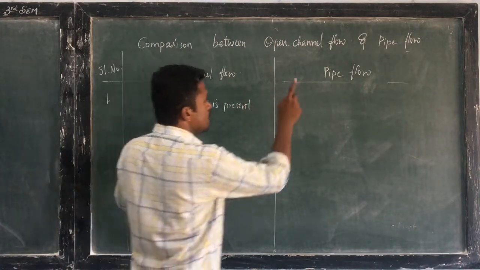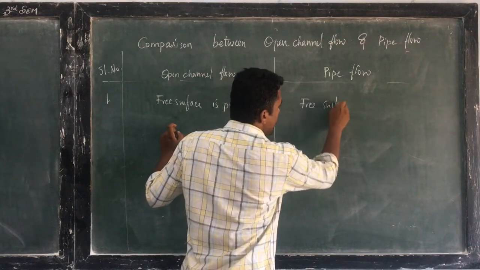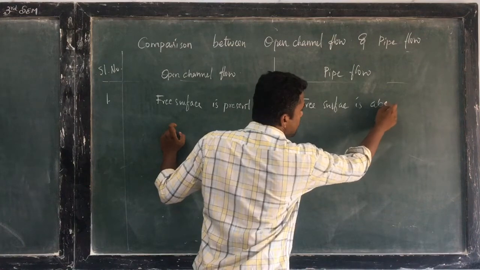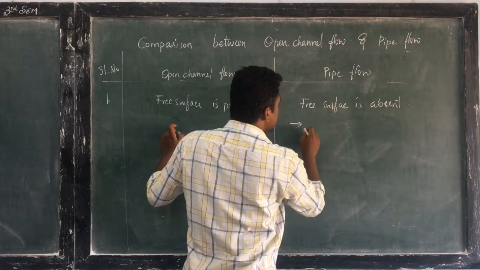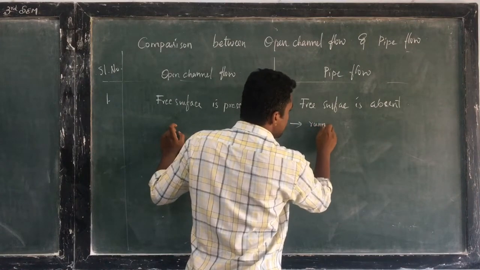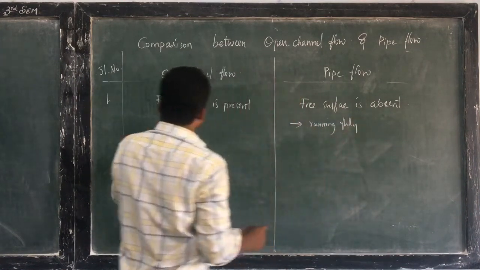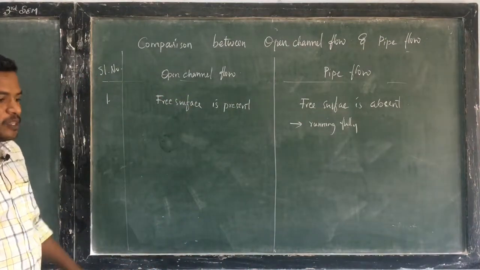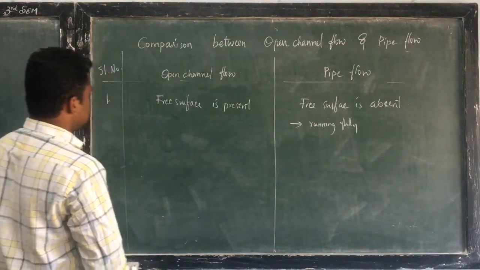In pipe flow, free surface is absent. The reason is that here it is running fully. If we use a closed conduit like a pipe in open channel flow, like a larger diameter section, then it is running partially.